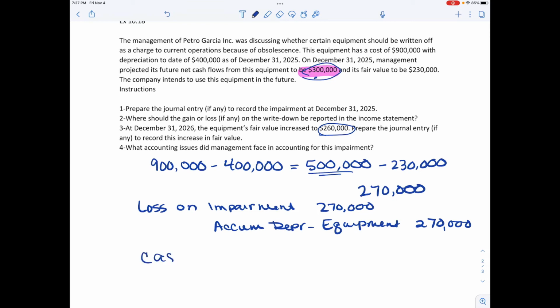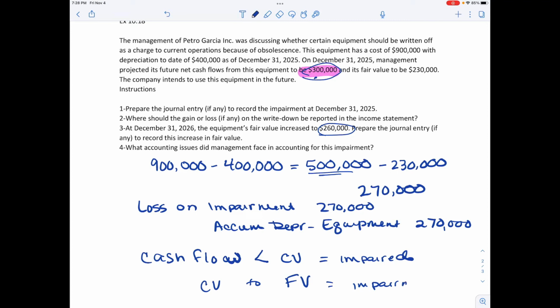So cash flow, that's less than the carrying value, the asset is impaired. Then we know it's impaired. By how much? That's when we compare the carrying value to the fair value to determine the impairment amount.